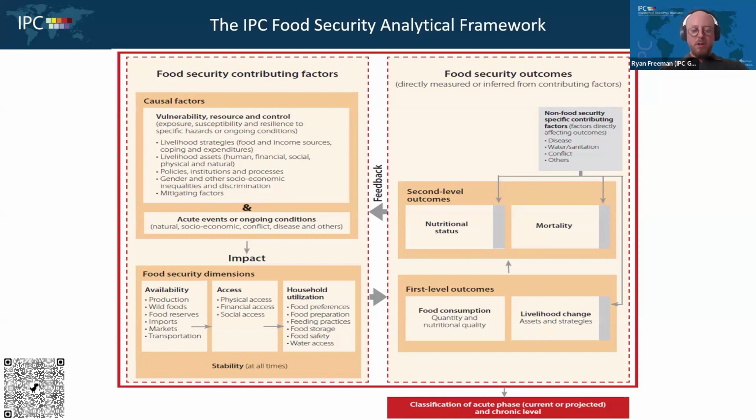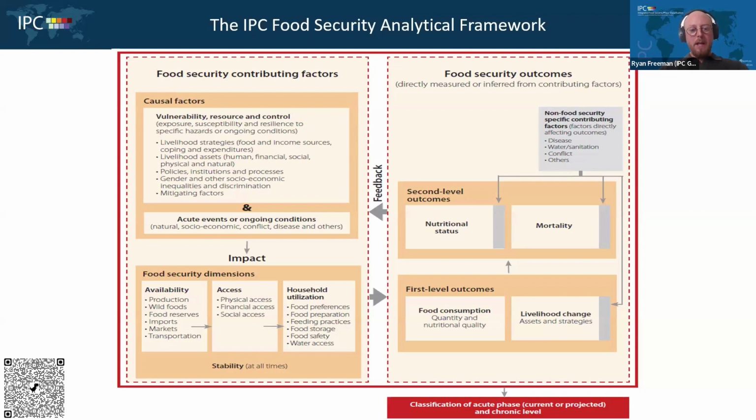When we have that discussion on availability, it's no surprise to probably many of the colleagues online. This is a discussion on the production, the wild foods, maybe the imports, or what may be physically available to a population or to an area in a particular country or context.